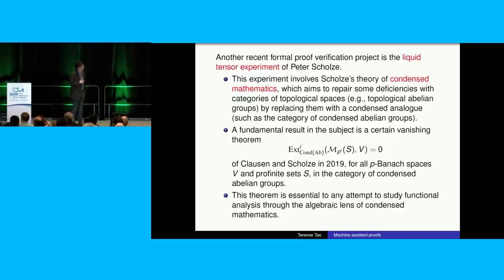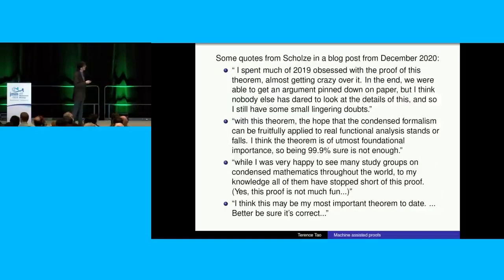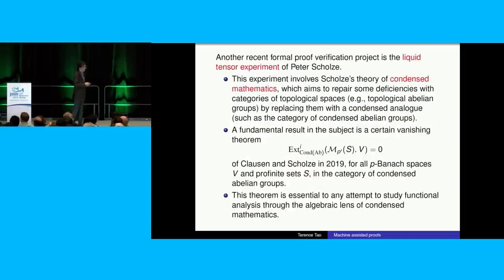But in order for the theory to work, there's a certain vanishing theorem which I've written there, but I cannot explain to you. Okay, so there's a certain category, condensed Abelian groups, and there's a certain Ext group involving p-Banach spaces that has to vanish. This vanishing theorem is needed in order for all of the rest of the theory to actually be useful, if you want to apply it to functional analysis in particular.